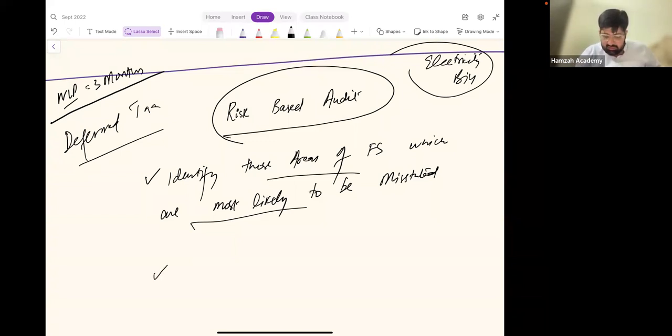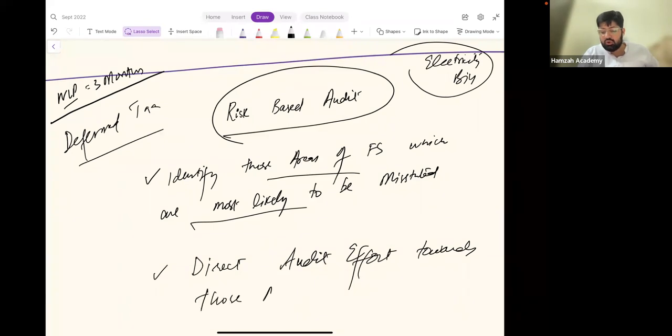And then directs audit effort towards those areas. Instead of testing areas where chances of misstatement are low, like I told you, the electricity bill, straightforward items where chances of error and manipulation are quite low, why waste time testing them?